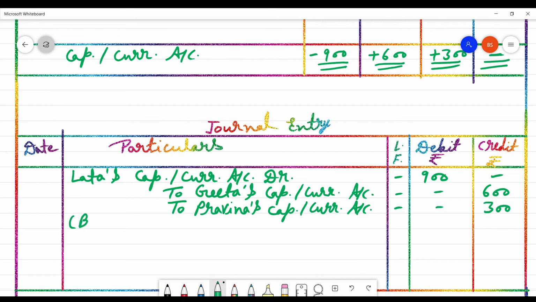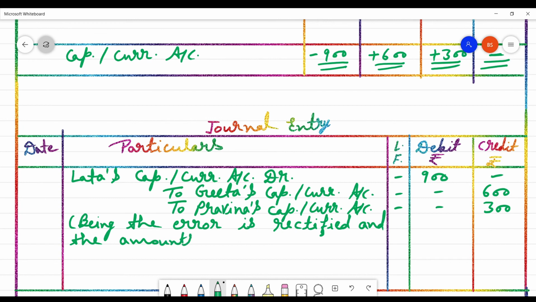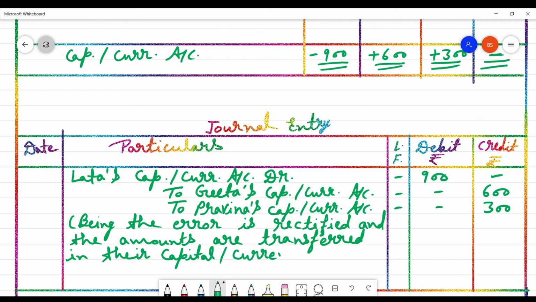Narration will be: being the error is rectified and the amounts are transferred to their capital or current account.